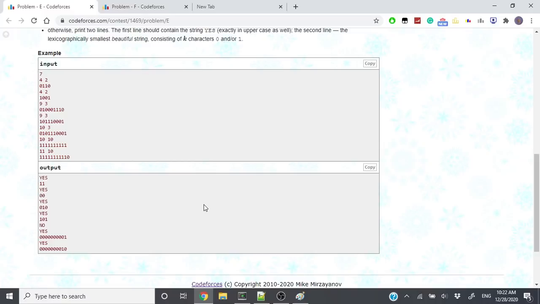It's something like we start with a string of all zeros, and we want to do something like binary search or something on the largest possible character that works. How would this work?